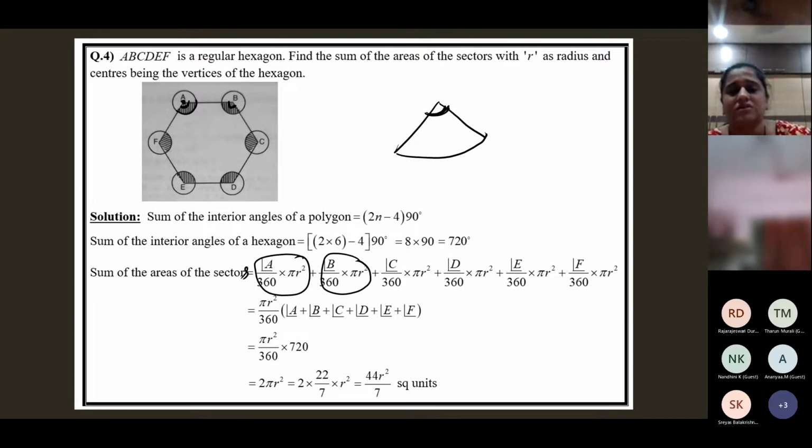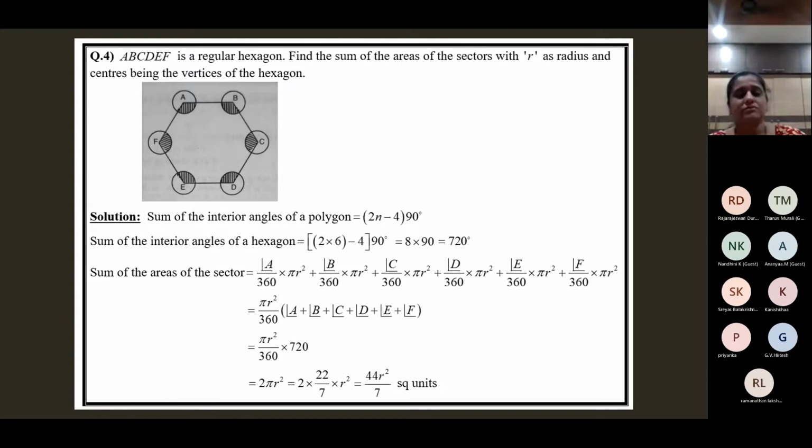And what is theta here? Angle A. What is theta here? Angle B. What is theta here? Angle C. Common. This one is 720. Simplify and use the value of pi and give the answer.